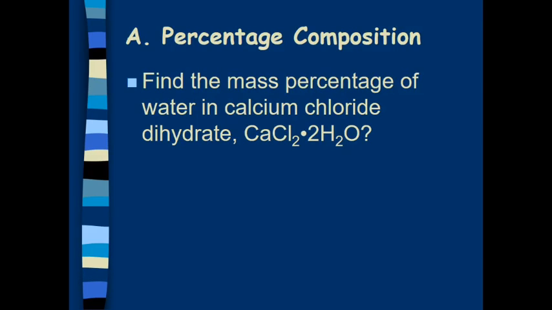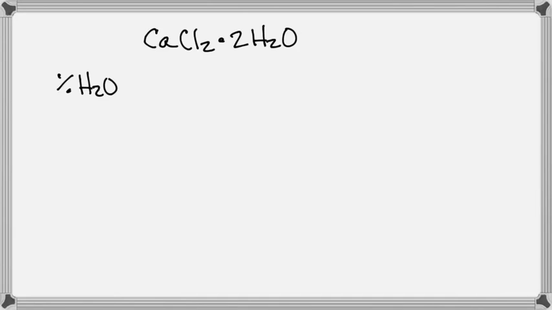If I were to look at the equation, write this down. We're going to add a new slide and work this out. So calcium chloride dihydrate. Our goal is to find the percentage of water in this compound.